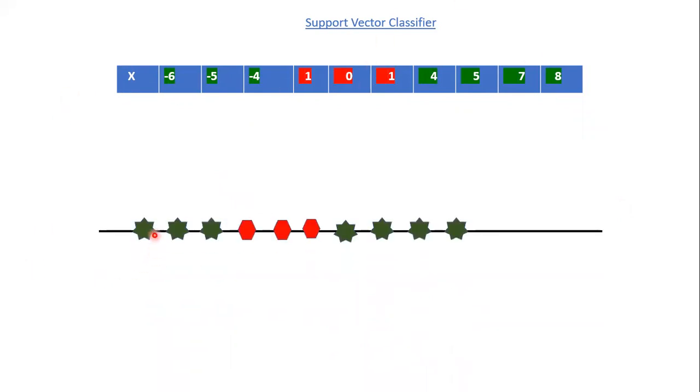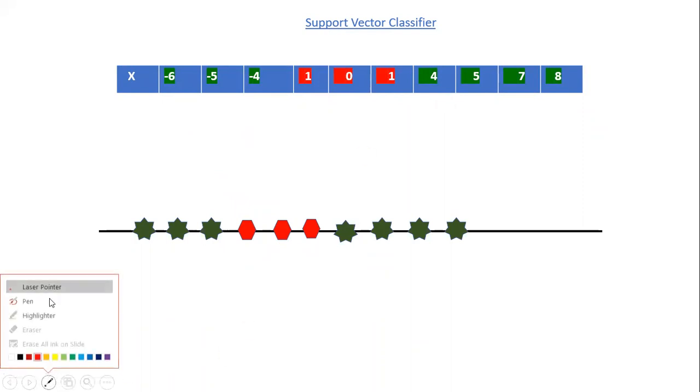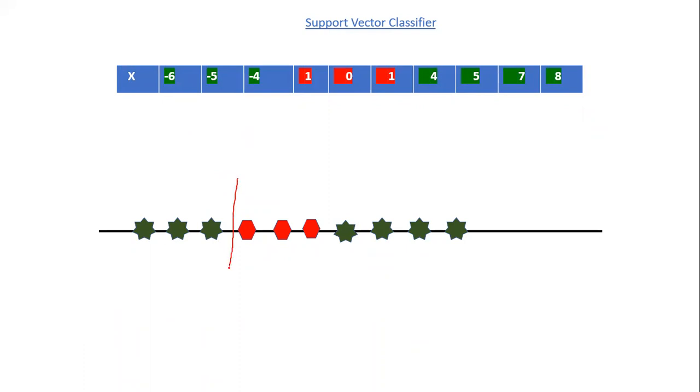Here the green points represent these data points and the red points represent these. Here we can see we cannot linearly separate the data. We can separate, but this one belongs to one group and this one belongs to another group.